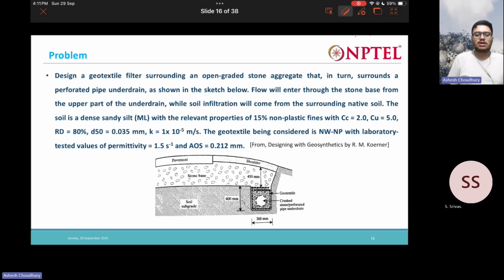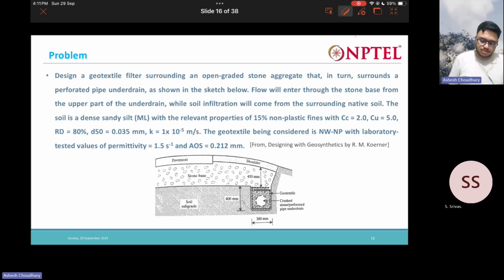The permittivity value is 1.5 second inverse, and the apparent opening size is 0.212. So the O95 size is given as 0.212. O90, sorry, the O90 size is given as 0.212.